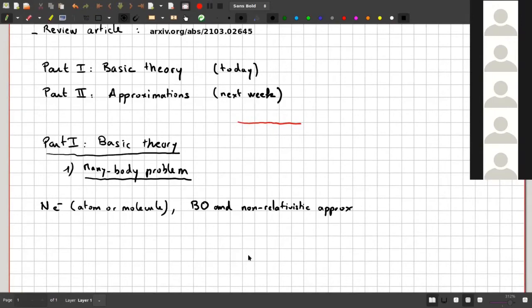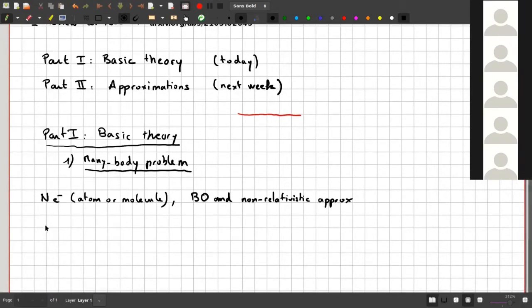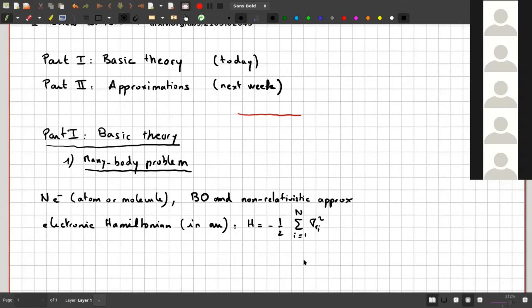The starting point is the expression of the electronic Hamiltonian. I will give you the expression that you all know, of course, but it doesn't hurt to write it again, in atomic units. There is the kinetic energy term, where you sum over the electrons the Laplacian with respect to the coordinates of electron i.